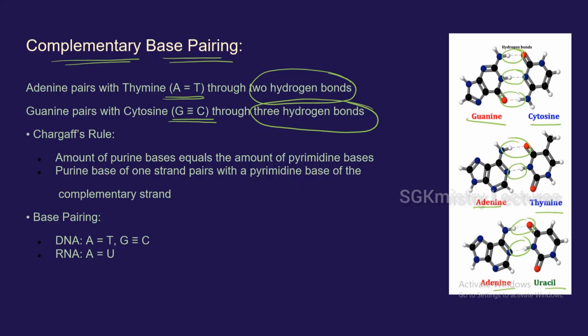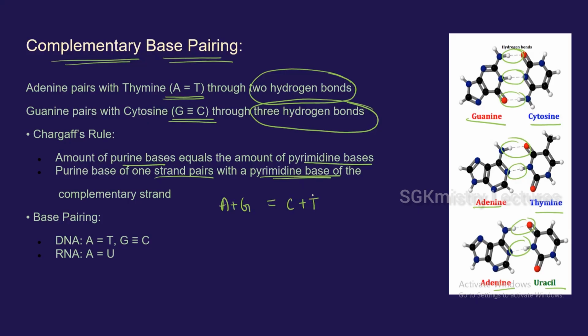And there is something called Chargaff's rule, which is very important. What does it state? The amount of purine bases equals the amount of pyrimidine bases. The purine base of one strand pairs with the pyrimidine base of the complementary strand. So if you take adenine and guanine together, that is equal to the amount of cytosine and thymine.